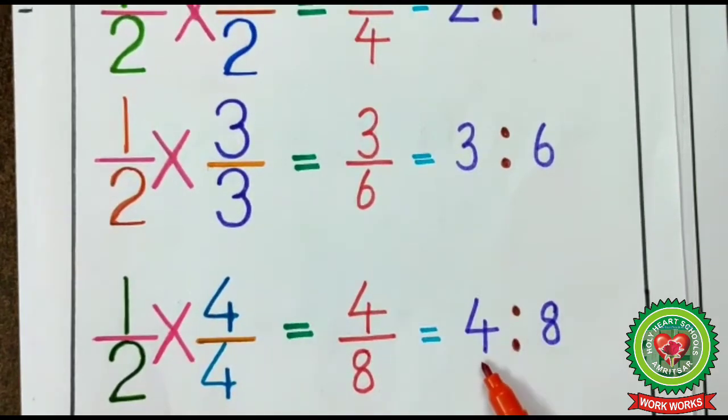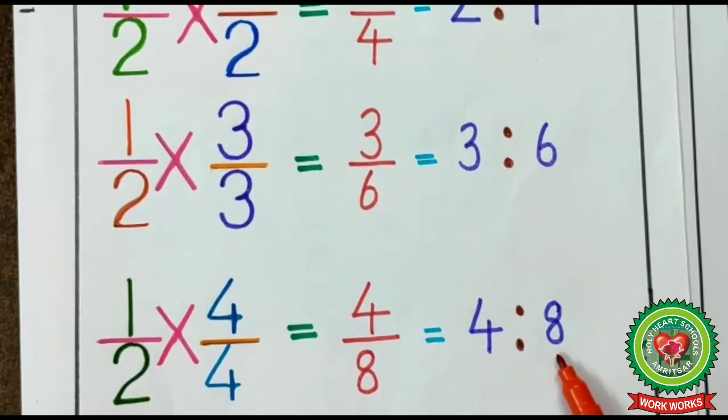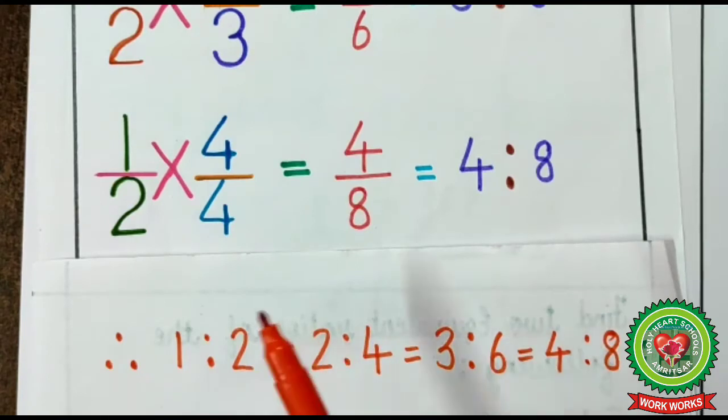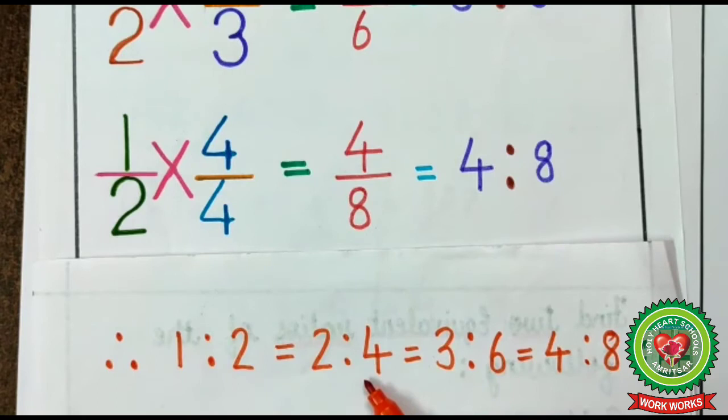In ratio here it comes 4:8. Now at the end it comes 1:2 equals to 2:4 equals to 3:6 equals to 4:8. Now let's see one more topic.